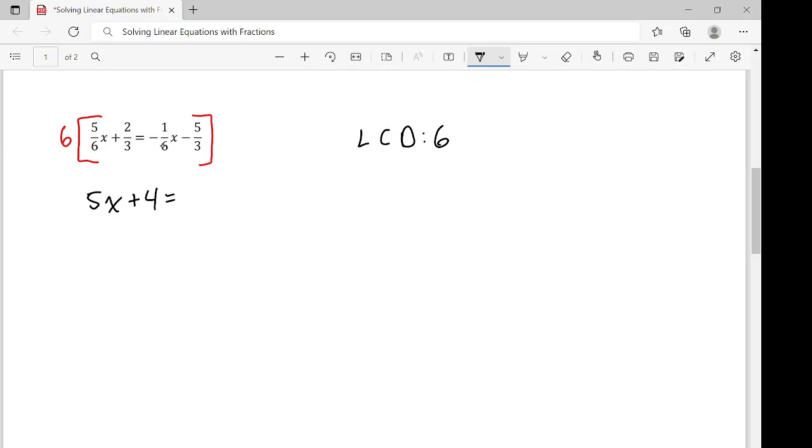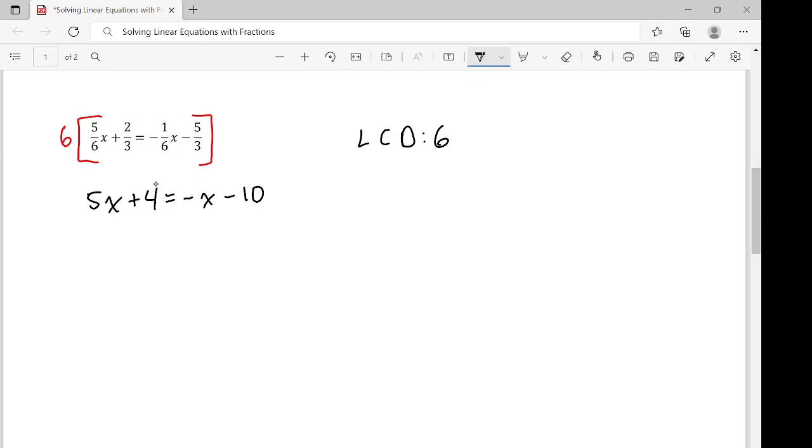Equals, again 6 cancels out with 6, so I'm left with a negative x, and again 3 goes into 6 2 times, so 2 times negative 5 is going to be negative 10. Now we have no more fractions to work with, so let's just solve it.